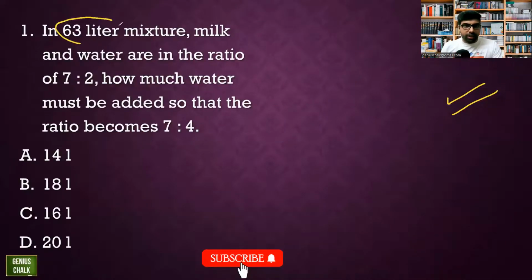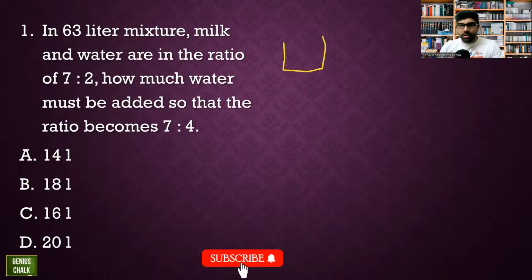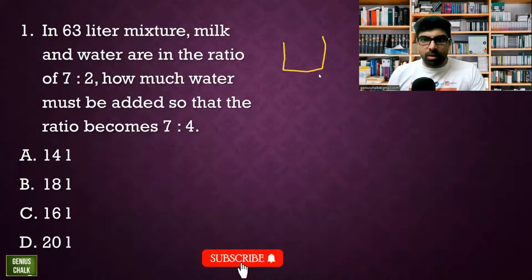In a 63 liter mixture, milk and water are in the ratio of 7:2. How much water must be added so that the ratio becomes 7:4? Now the concept is, this is our mixture, right?